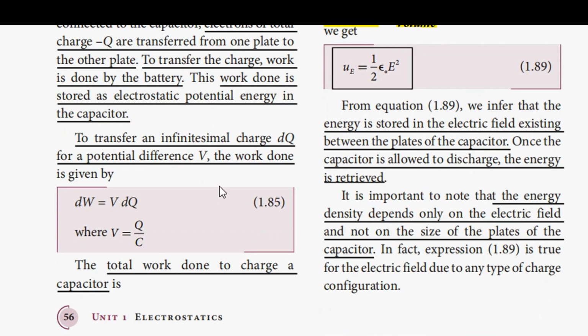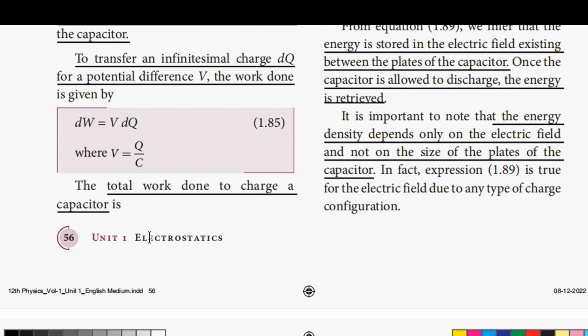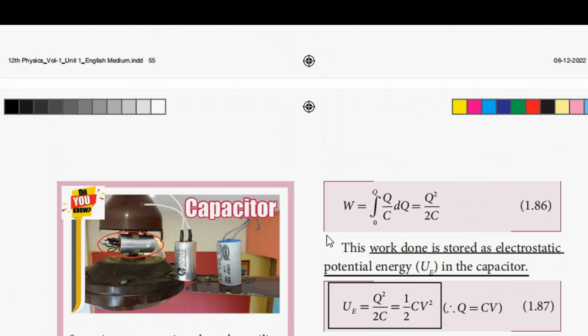To transfer an infinitesimal charge dq for a potential difference V, the work done is given by this expression dW equal to V dq, where this V is given by the ratio of the charge to the capacitance of the capacitor. The total work done to charge a capacitor is given by this expression W equal to integral 0 to Q of Q by C dq.